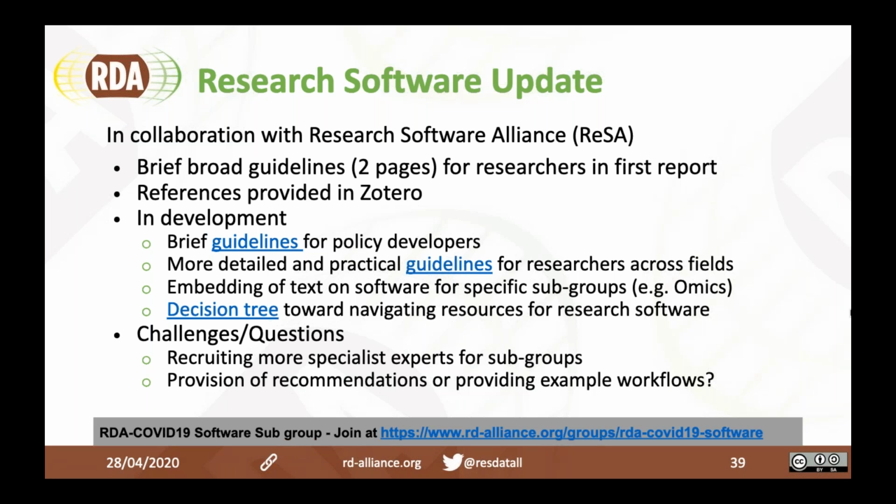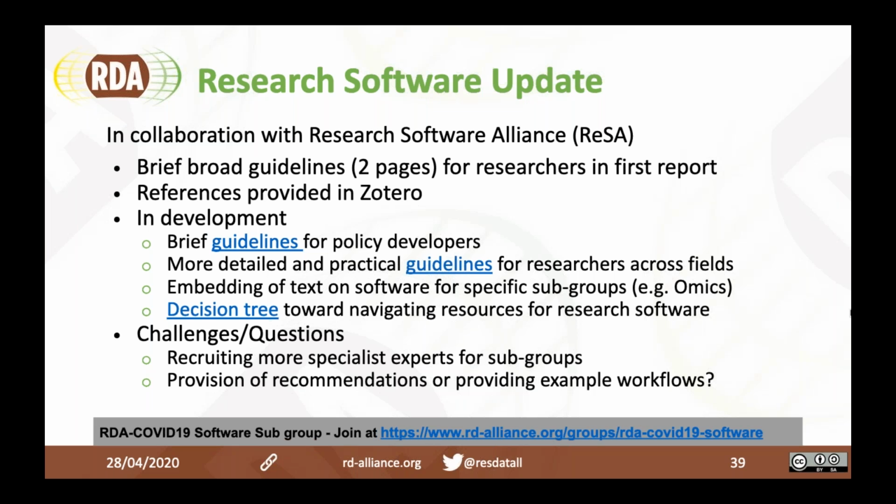What we're working on for this week is developing an equivalent set of guidelines for policy developers. Once we have those guidelines for the policy developers finished, we'll probably go back to a more detailed set of practical guidelines for researchers, again across fields.